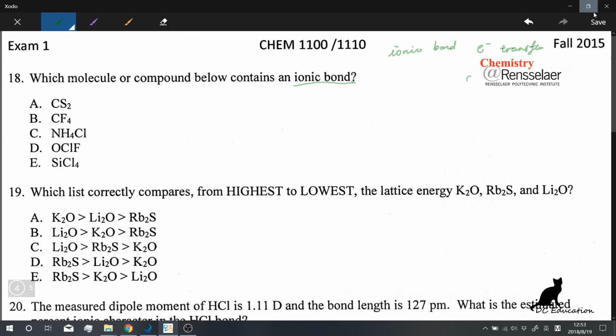One atom gives up an electron to another atom in order for both of them to complete an octet. This electron will totally transfer to another atom in order for both of them to complete an octet.